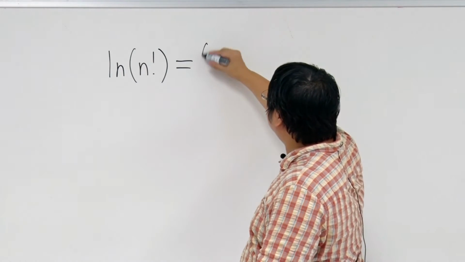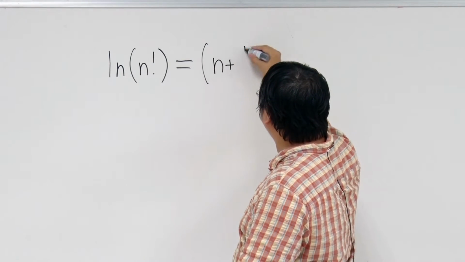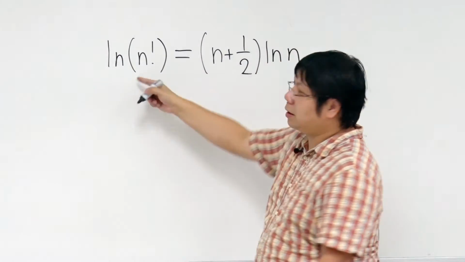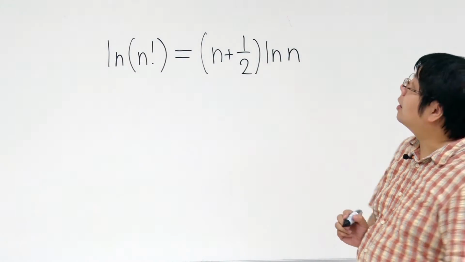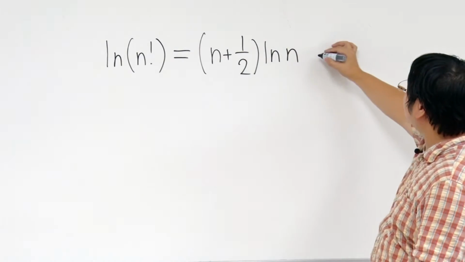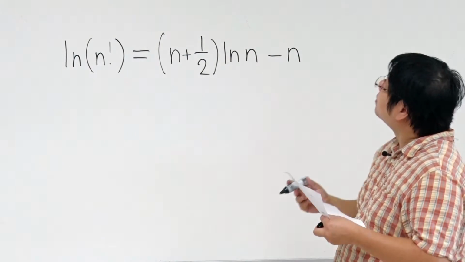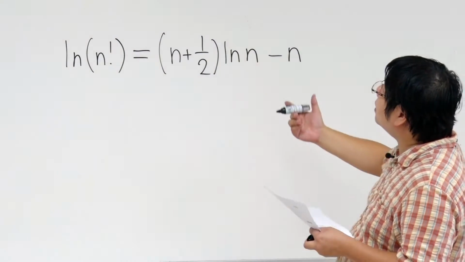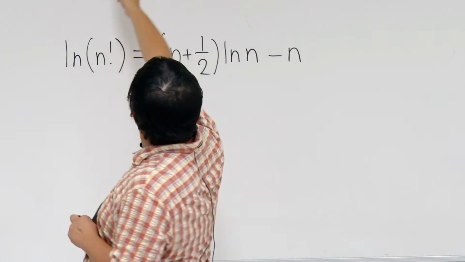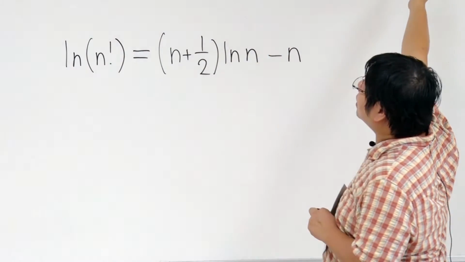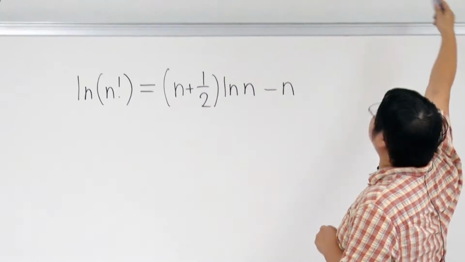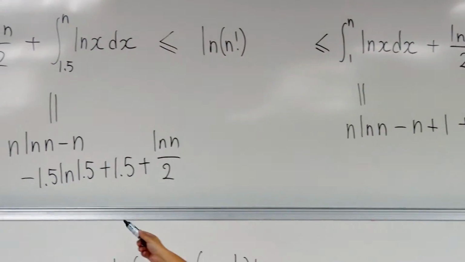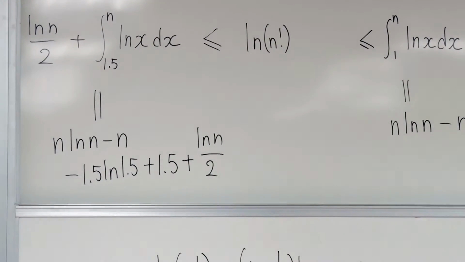So we must have n plus 1 over 2 log n that we can safely assume log n factorial has. And then we also have the same term, minus n. And then there is a term plus 1 on this side, and there is a term minus 1.5 log 1.5 plus 1.5 on that side.